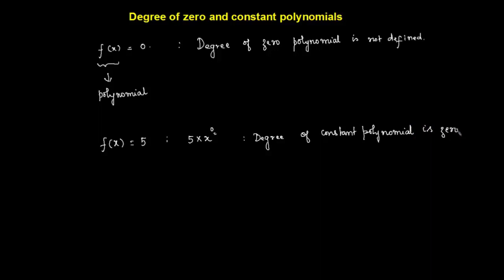So we have seen two things here, that the degree of a zero polynomial is not defined. This you might get in problems involving just 1 mark. Now, what is the degree of a constant polynomial? Degree of a constant polynomial is always 0.